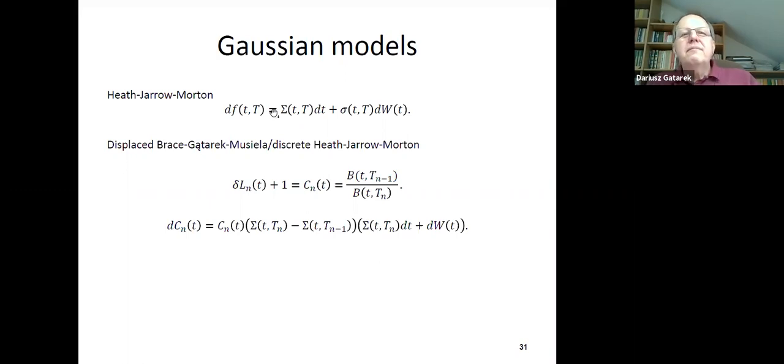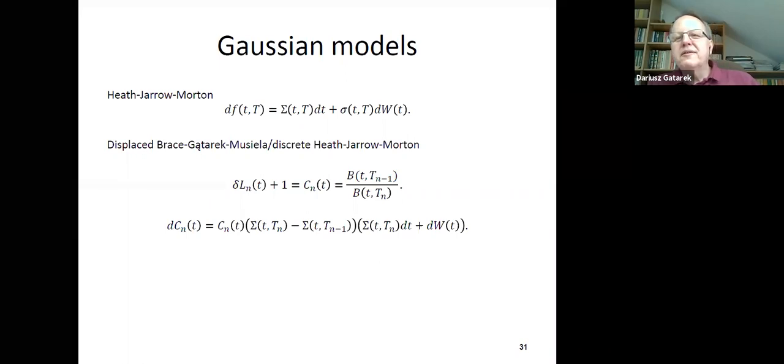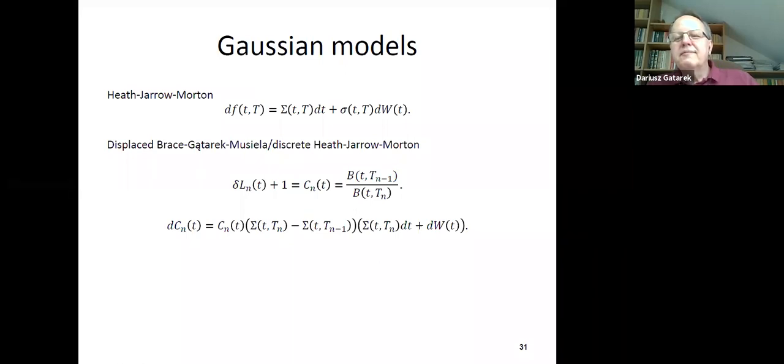And of course, if the distribution of forward rates is Gaussian, then the distribution of zero coupon bonds is what distribution? Log normal. Yeah, because exponents of a Gaussian variable is log normal.